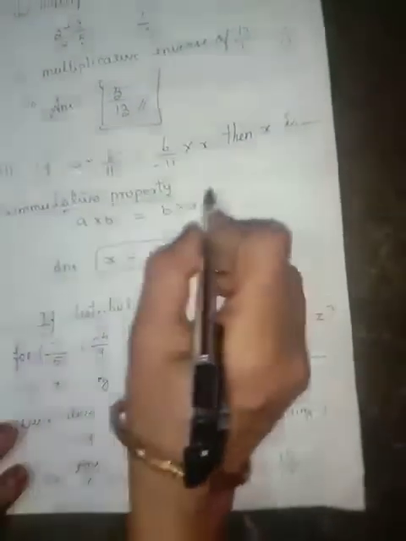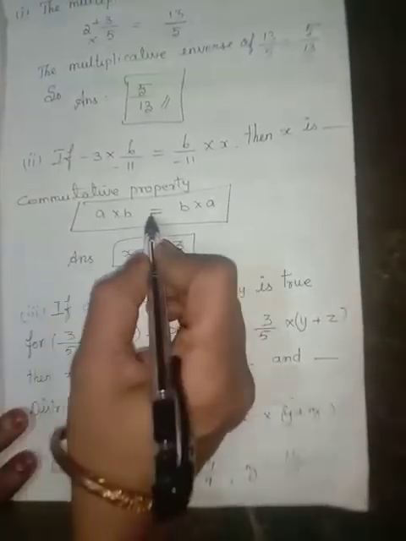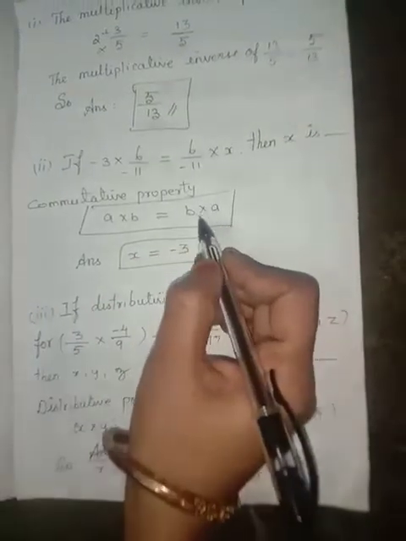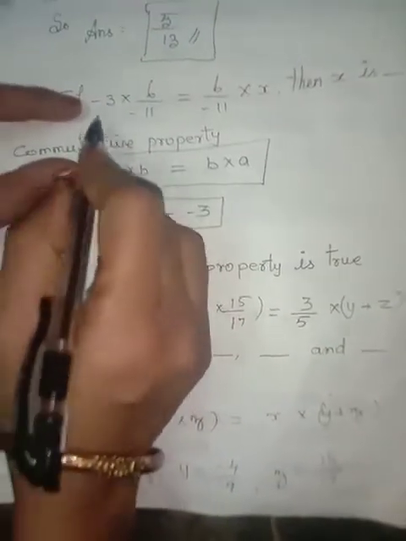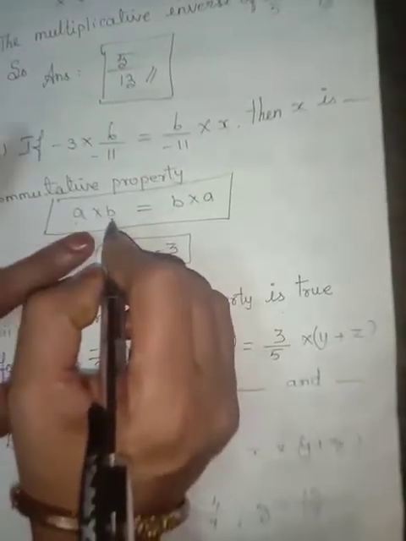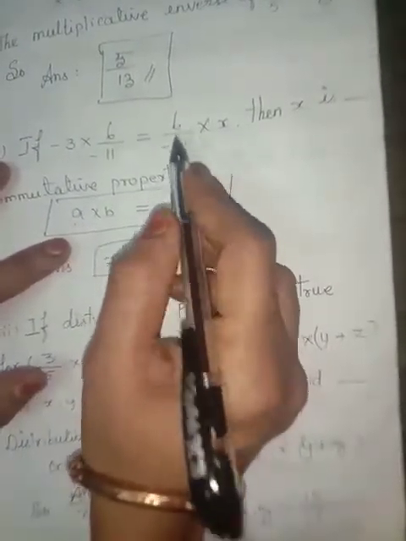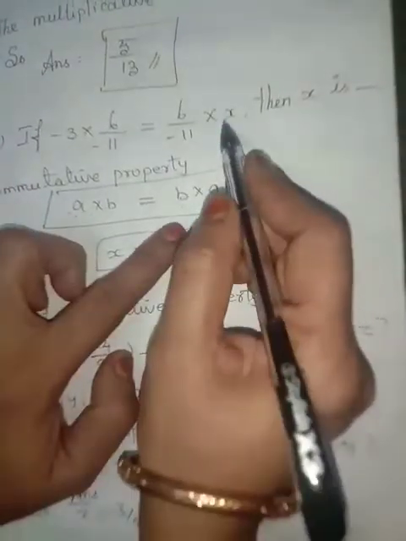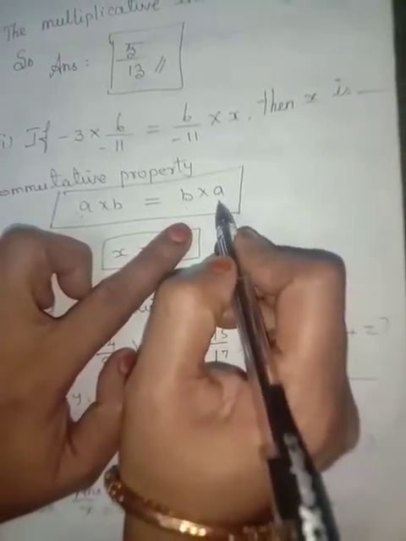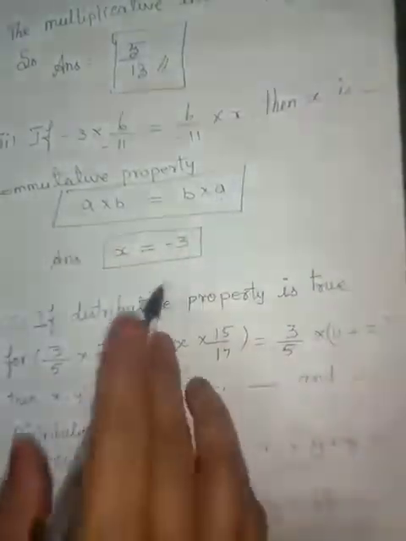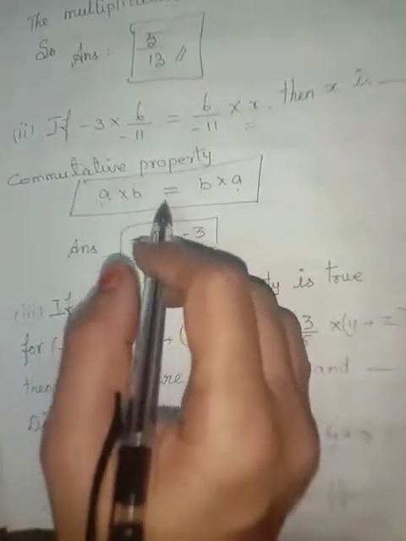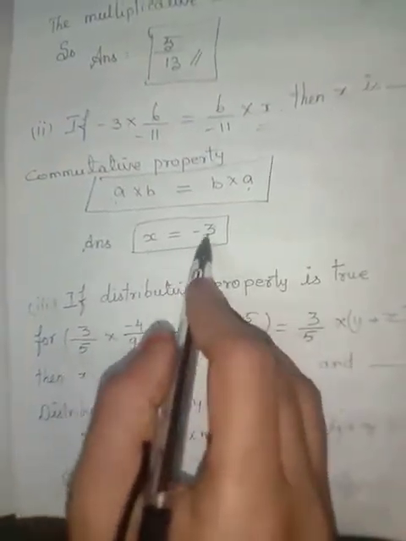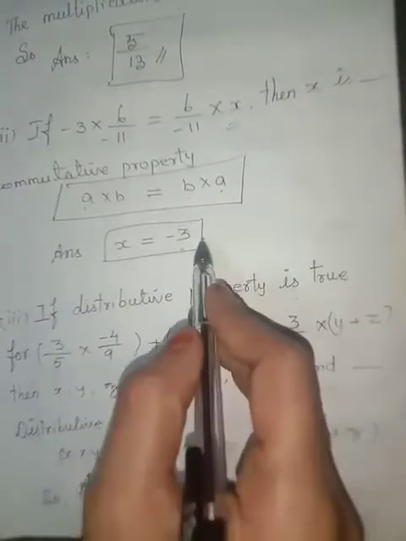So we write the commutative property: A cross B is equal to B cross A. Comparing these two equations, minus 3 is in place of A, 6 by minus 11 is in place of B, and on the other side 6 by minus 11 is in place of B, and x is in place of A. So the value of x is equal to minus 3. Comparing these two properties, we get x is equal to minus 3.